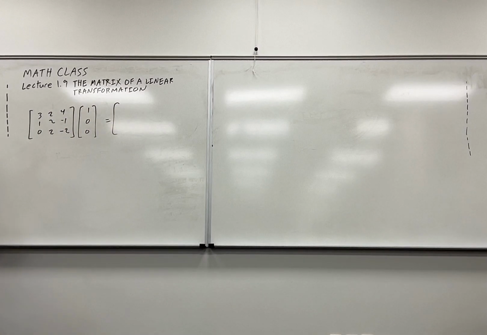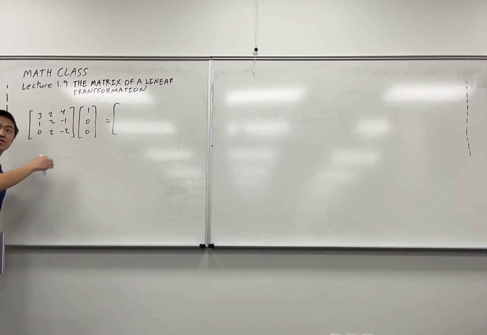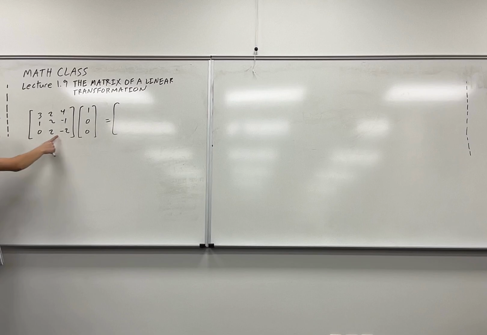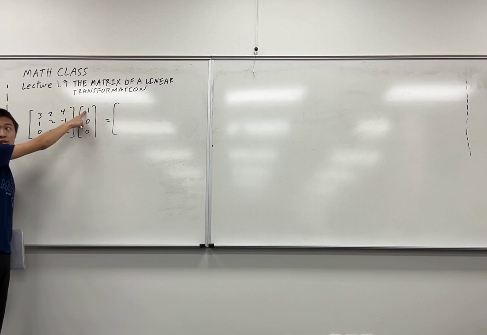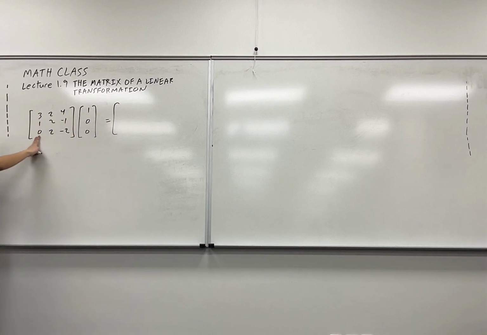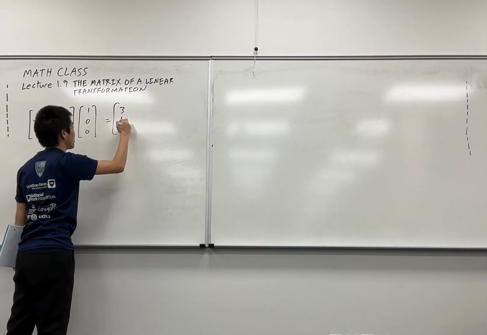Now, if I do this, it should make life really easy, because from the way the vector equation works, each of these vector entries is going to multiply against one of these column vectors. There's only one entry that has a non-zero value, and it's this 1. I want this 1 to multiply against its corresponding column, so I have 1 times the first column, which is 3, 1, 0.